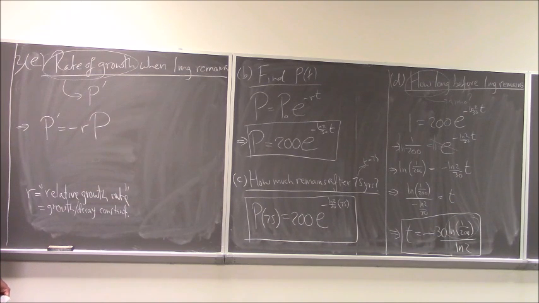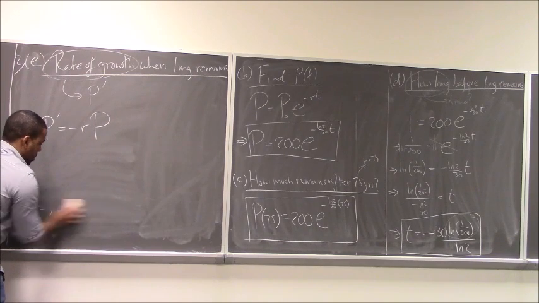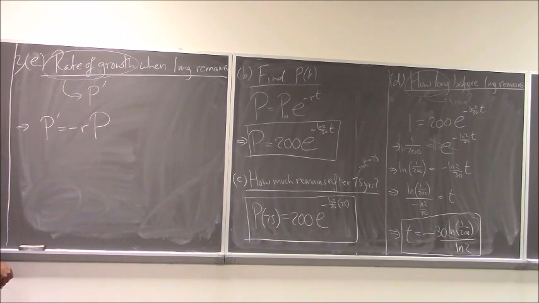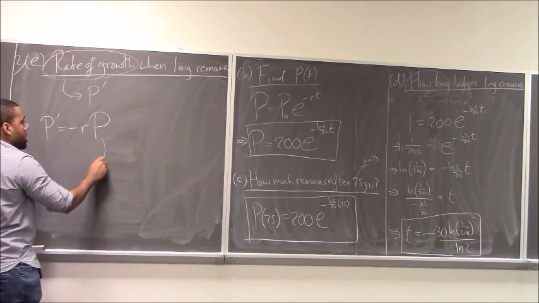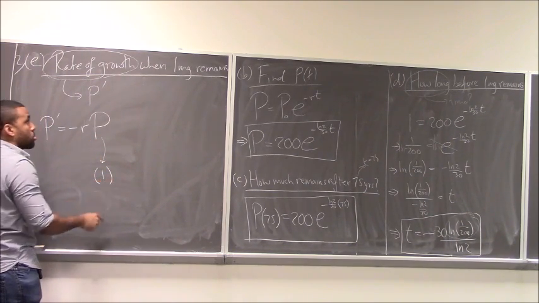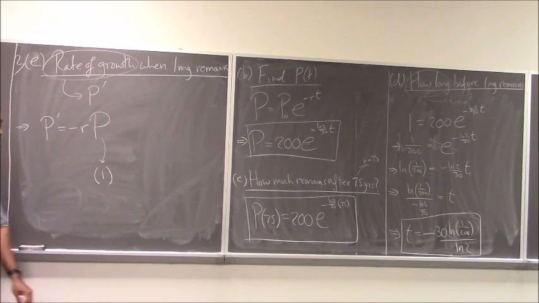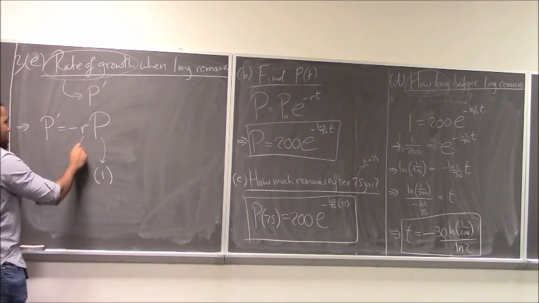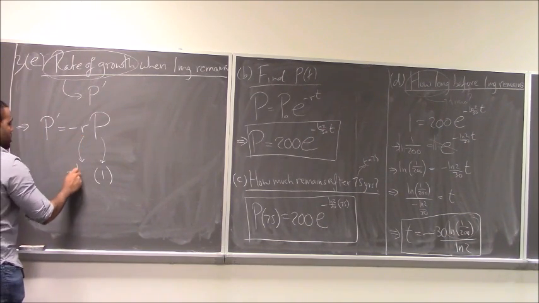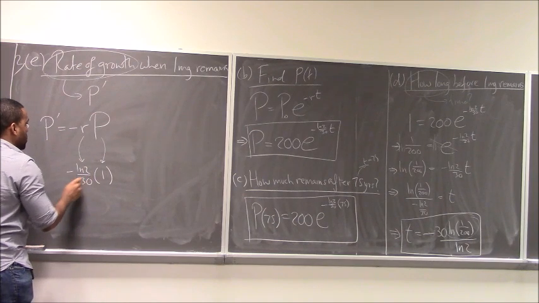Now it says, what is the rate of growth when 1 milligram remains? Which variable represents what remains? P, right? So for P, I'm going to plug in the number 1, because that's how much I want to remain. And R, we actually found that. That was ln2 over 30.